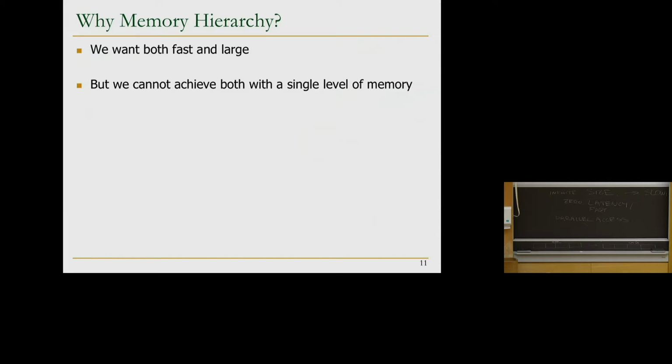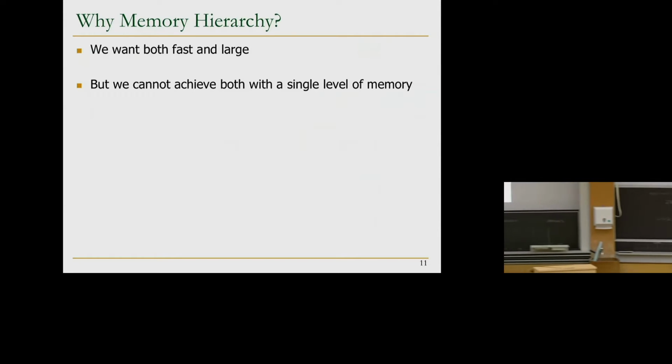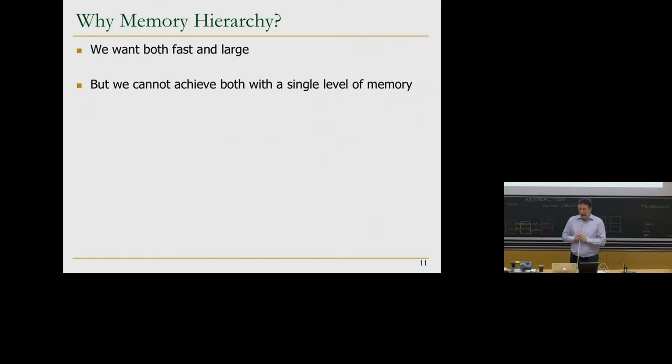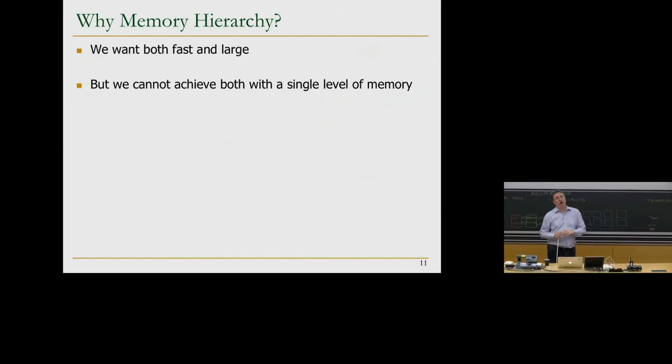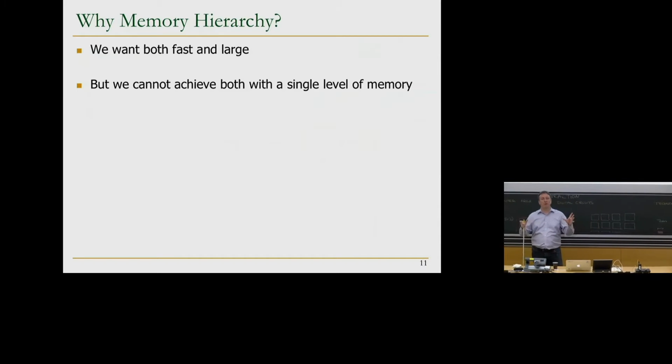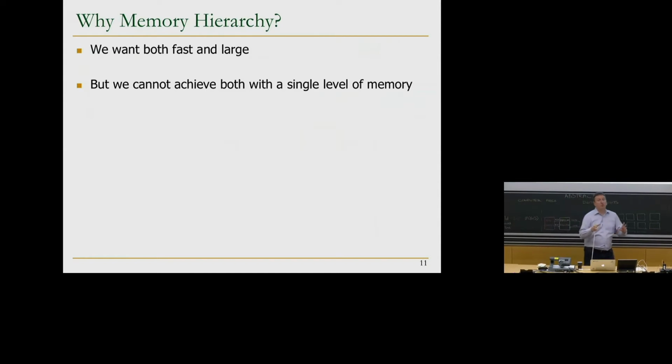At that point, somebody had a very smart idea, and they said, you know what? We can have a lot of memory. We cannot have all of it fast, but we can fake it. The processor doesn't have to know that it is talking to one giant, very slow memory. We will take a small memory that's really fast, and when the processor asks for data, this small memory is going to respond.